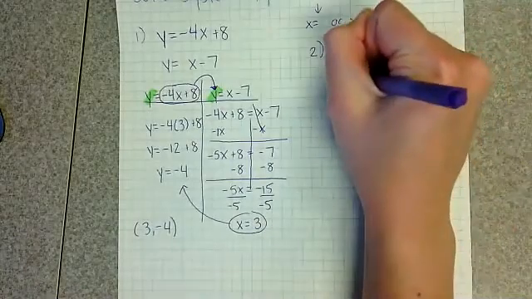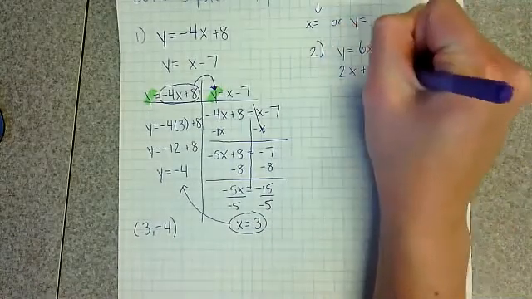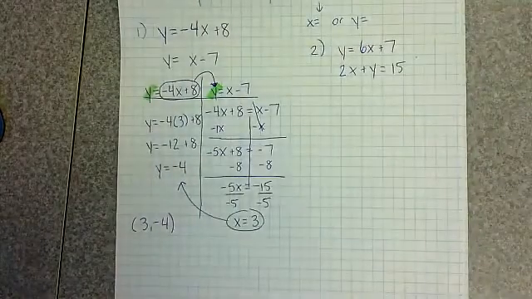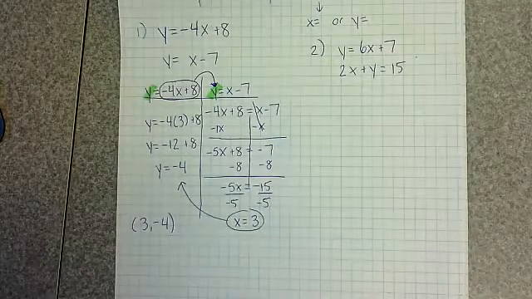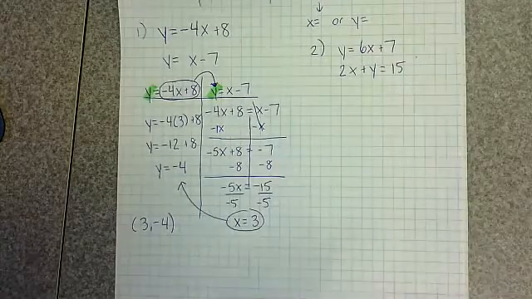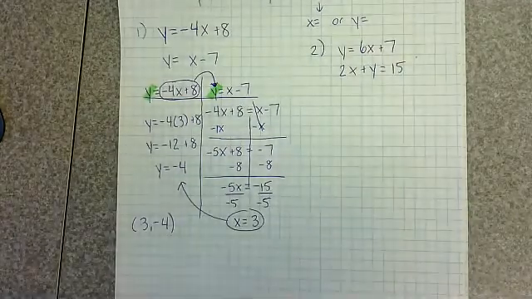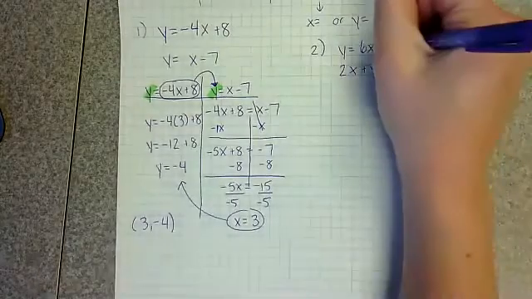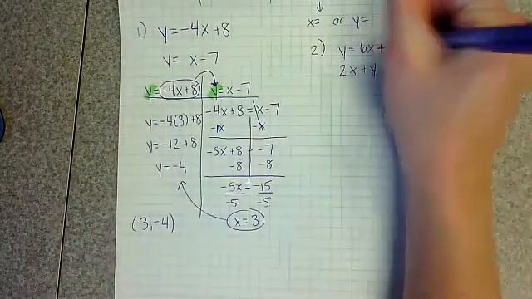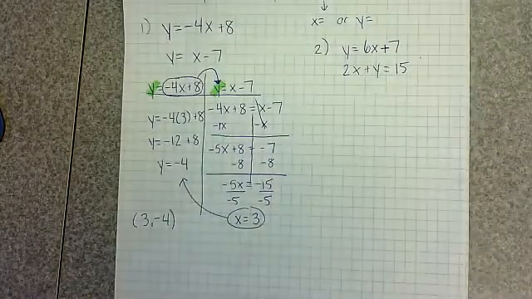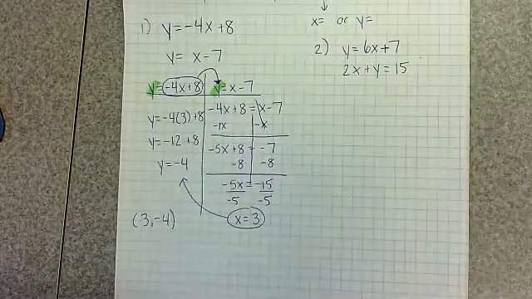If it says y equals, how would you know if it says x? If you know how to substitute it for x? We will talk about that before class is over, so hold on for me, Jonathan. So we've got y equals 6x plus 7 and 2x plus y is equal to 15.